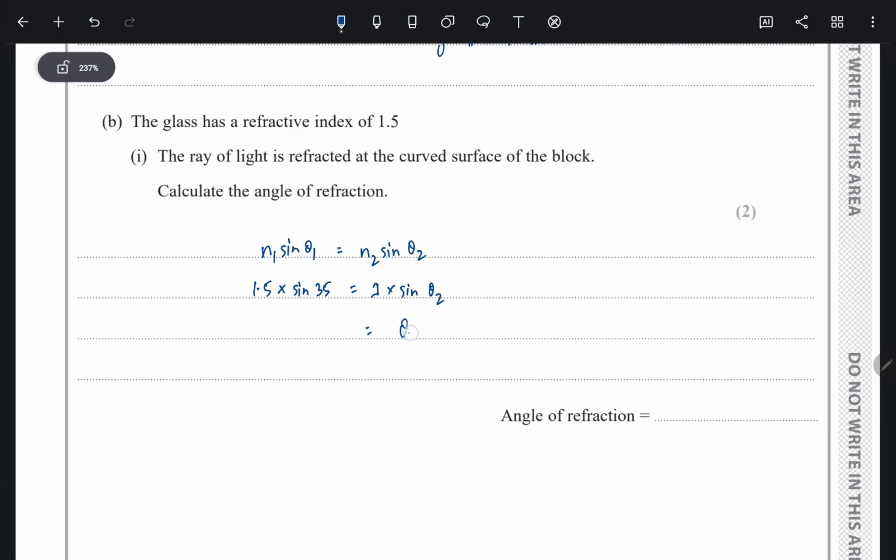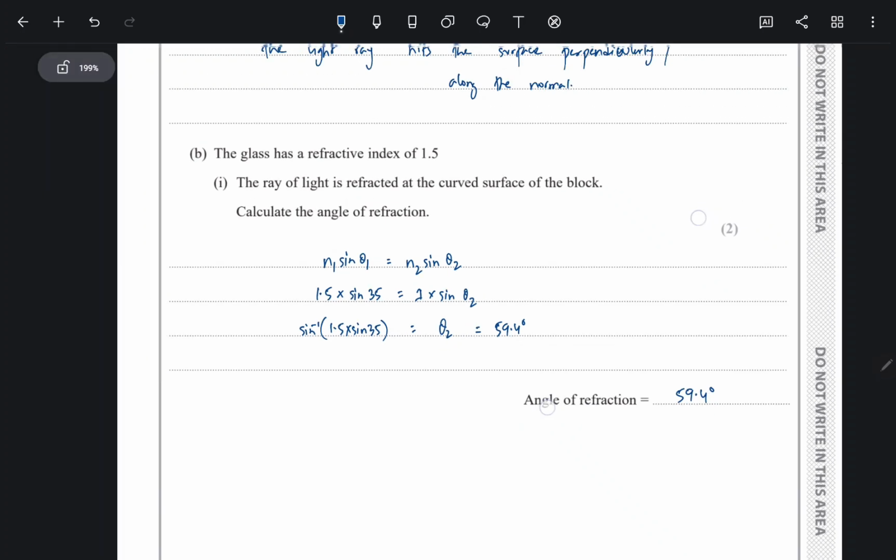So theta 2 is going to be the angle of refraction. That's going to be sine inverse of 1.5 times sine 35. And if we insert this in the calculator, we get 59.4 degrees. So the answer is 59.4 degrees. That's the angle of refraction.